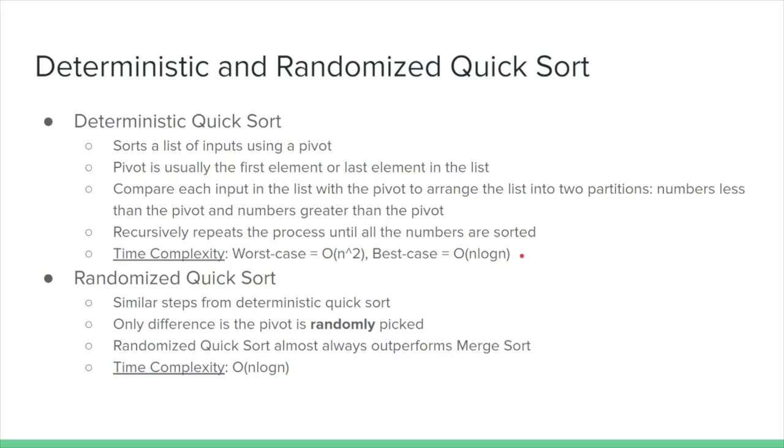The reason for these two time complexities: for worst case, it will be n squared because it can be difficult to find a good pivot, since again, we don't know the whole set of inputs to choose from. So it's hard to determine whether it will sort elements efficiently based on the particular element chosen.